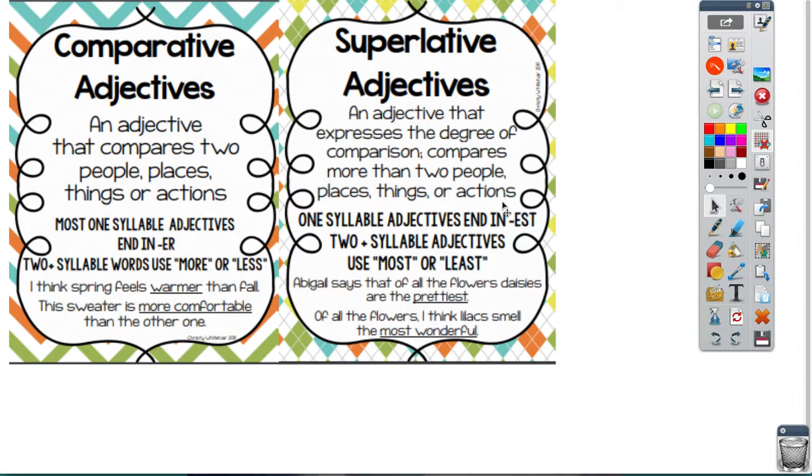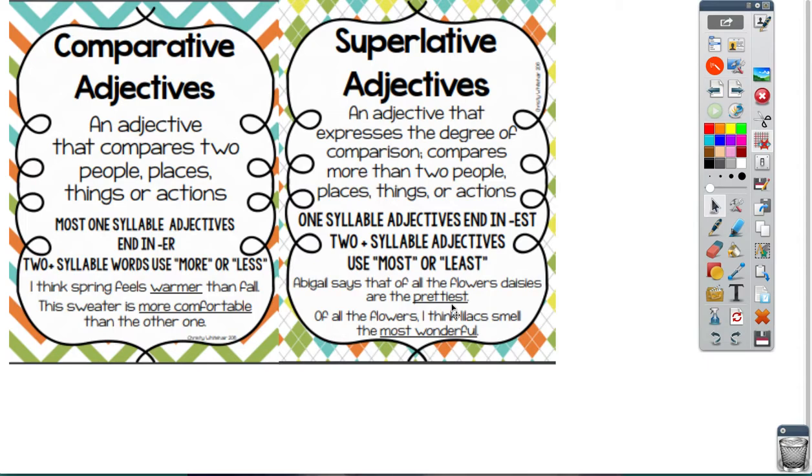Now, as you guys will know, say it with me now. You say goodbye to Y and hello to, that's it, I. Let's take a look at an example. Abigail says that of all the flowers, daisies are the prettiest. Well, Abigail is comparing many things right now.